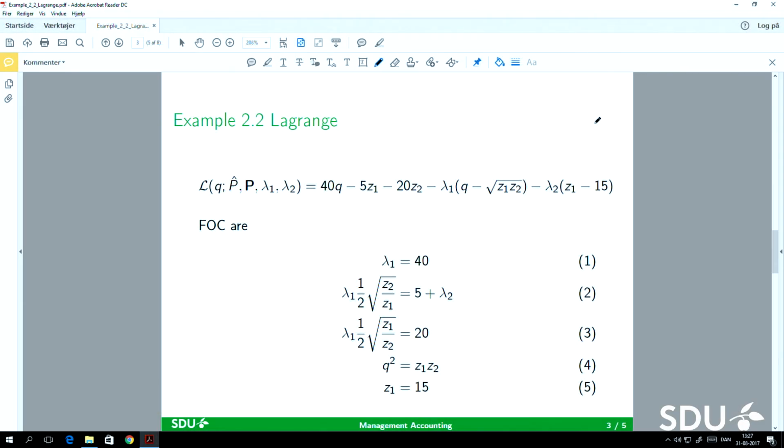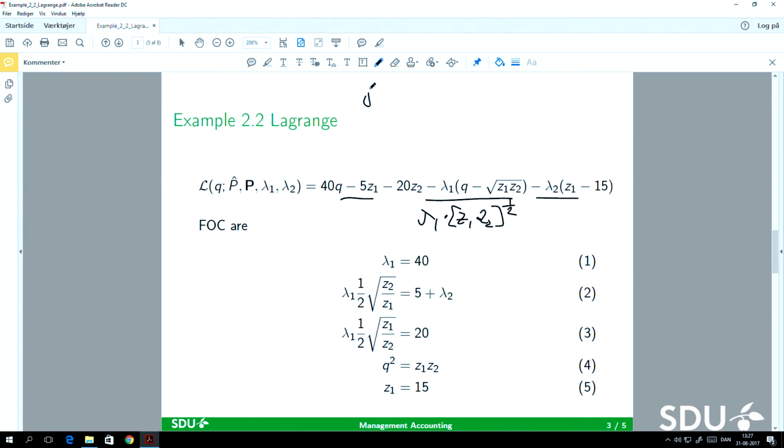Now, here are the first order conditions. The first one is simple. We have quantity over here and over here. Now, let's try to differentiate the Lagrange function with respect to C1. We have C1 over here, and here. To make things easier, I want to rewrite this part to be lambda 1 times C1 times C2, with the whole multiplication to the power of a half, which is exactly the same as taking the square root function.